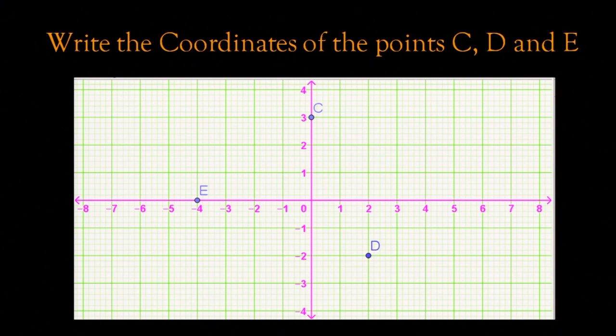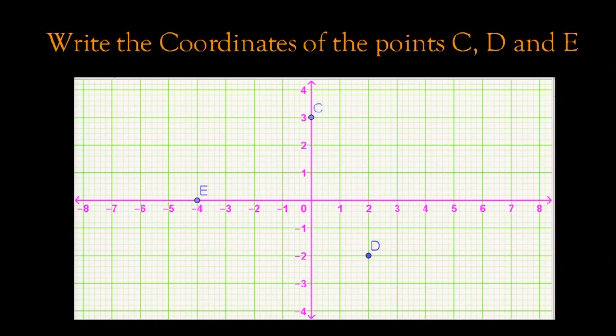And what about D? You see, D is a point whose distance from the x-axis as well as the y-axis is 2. Therefore the coordinates of D are 2, -2.